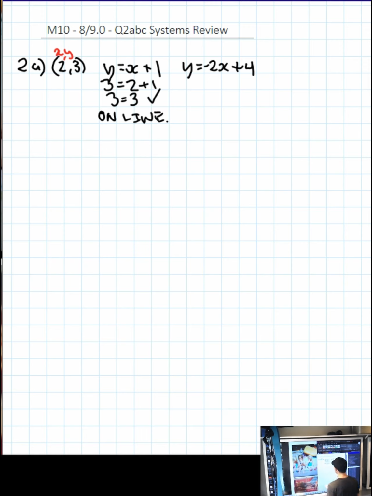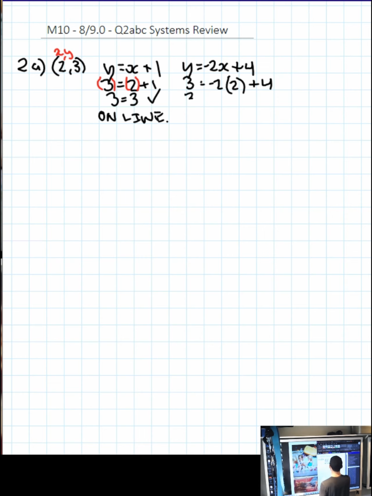Okay. Let's do that again. So we're going to take the point 2, 3 and substitute into the equation on the right. So y is 3, so 3 equals, we have -2. Now this time I'm going to substitute with brackets because it's necessary. If you have any difficulty, always substitute with brackets. I'm going to put brackets on the left in red to show you that sometimes they don't matter. Substituting 2 in for x, then plus 4.